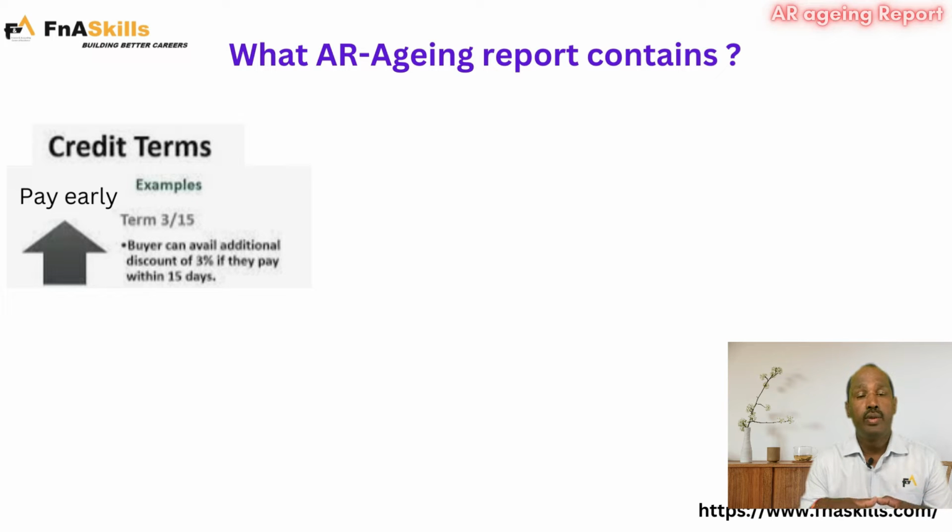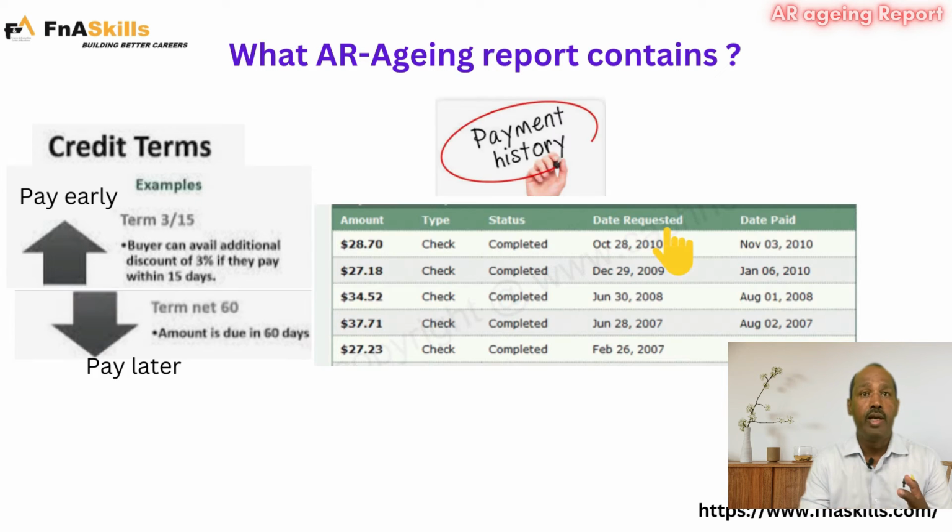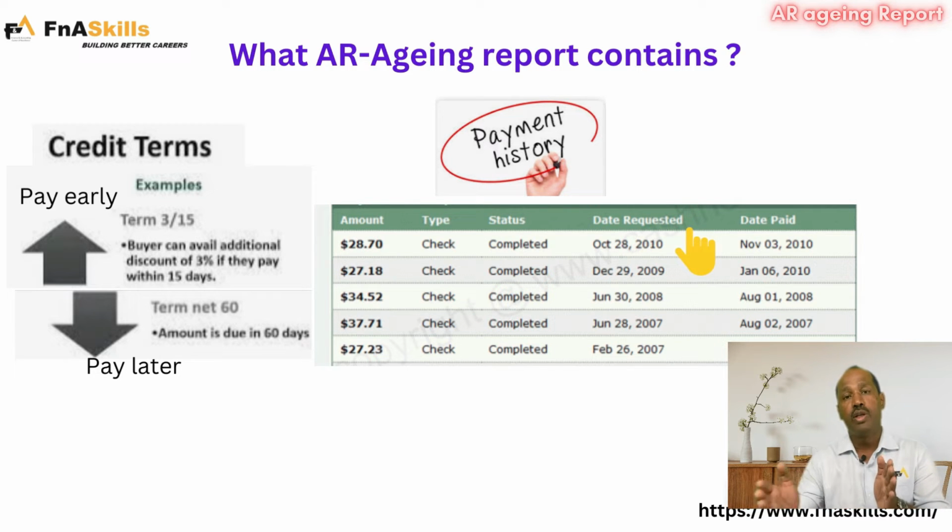And then it could be the payment history of the customer. Based on the previous data points, whether the person has made the payment on time as per the due date or not. Other information is also included in the aging report.